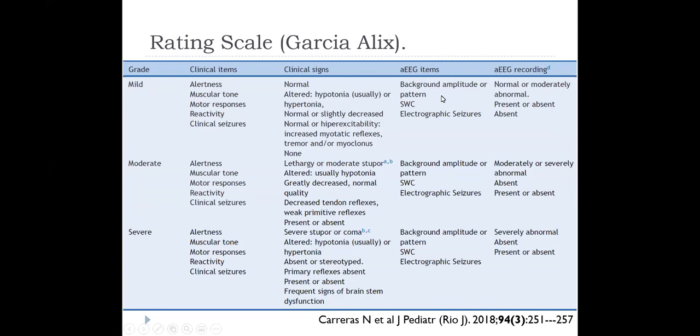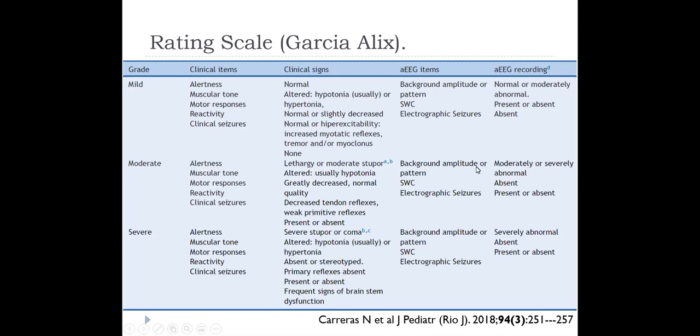The value of the background pattern is very important, because you can establish the relationship with the grade of hypoxic ischemic encephalopathy. When it's a normal or moderately abnormal aEEG recording, you are talking about a mild grade.